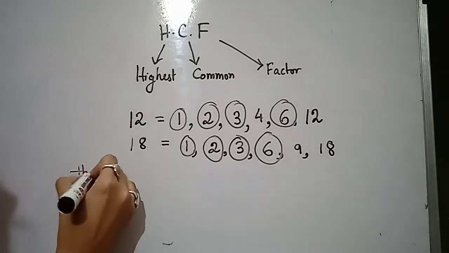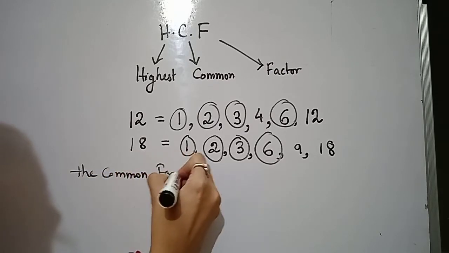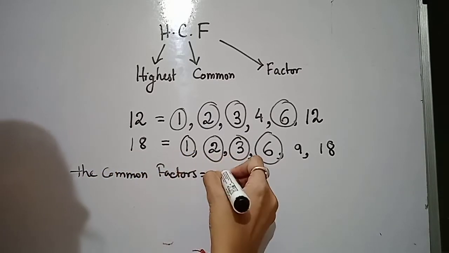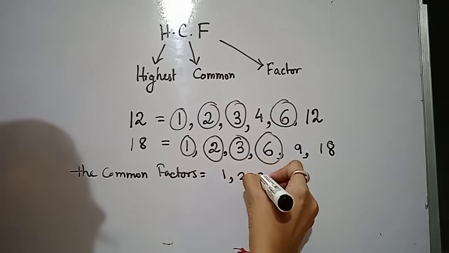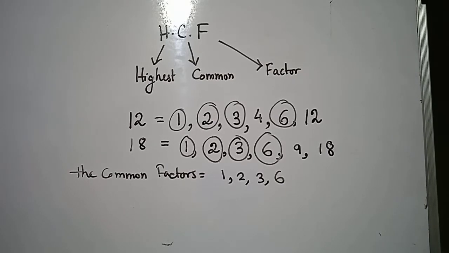So the common factors we can see are 1, 2, 3 and 6. These are the common factors. Now, H.C.F means the highest common factor.